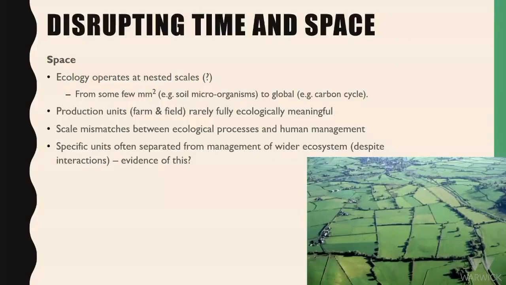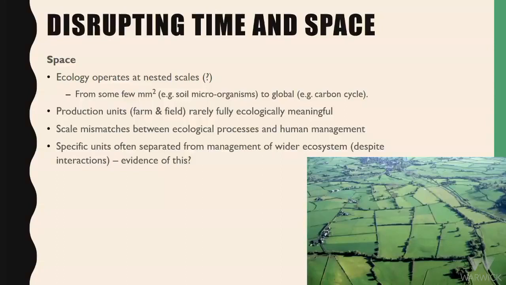The way that humans have managed food production involves a lot of management of land and land formation. A lot of analysis suggests that, because of the social and technical drivers that have led to these particular divisions and arrangements, they're really nothing to do with the ecology of the area.